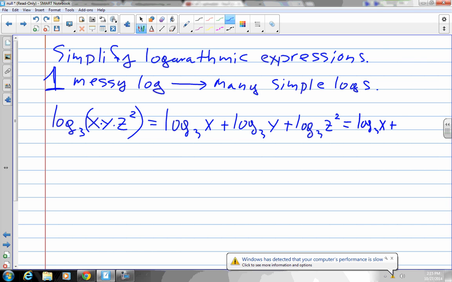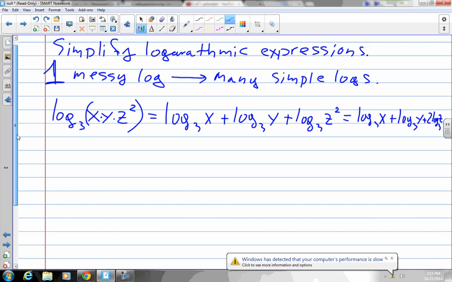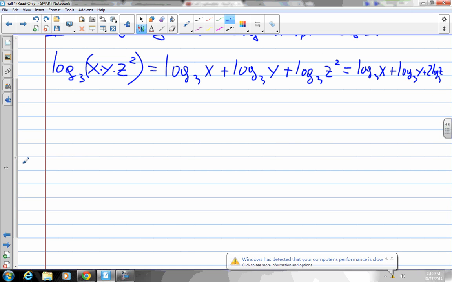It's just addition, no powers: log base 3 of x plus log base 3 of y plus 2 times log base 3 of z. So that's many little simple logs. Is that okay?